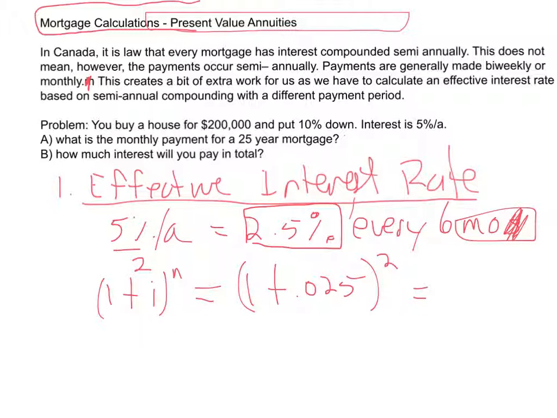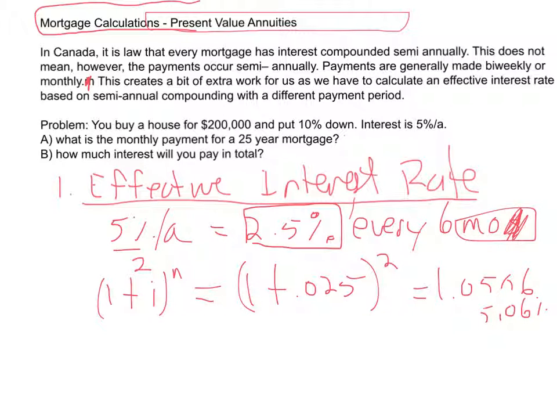And that gives us an amount of 1.0506, or 5.06% for a year.